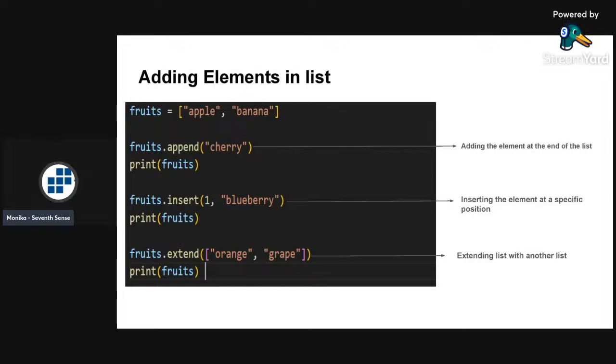Harish, how come orange? I'm asking for inserting the element at the specific position. For the second one, I'm asking. Yeah, it is for extend. Next, apple, blueberry, banana. Yes, Harish, you're good.